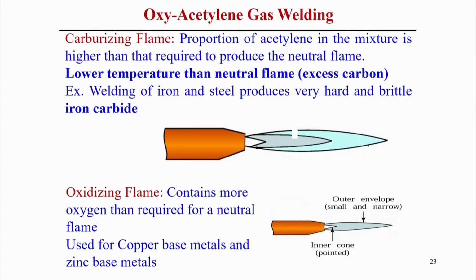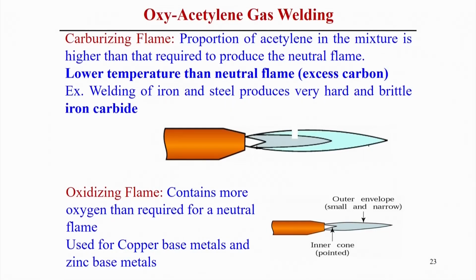Third one is the oxidizing flame. Here the oxygen amount is more with reference to the neutral flame. Since the oxygen amount is more, the temperature will be higher than the neutral flame.